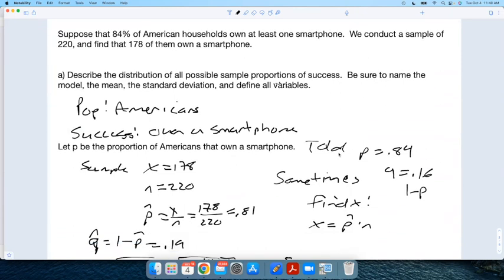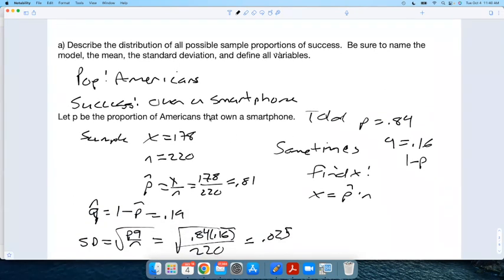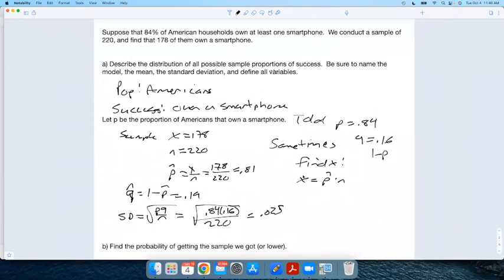And we define the variable. Let P be the proportion of Americans that own a cell phone. What's our model then? The model is all P hats follow a normal curve, or a normal distribution, with mean mu equals P equals 84%.